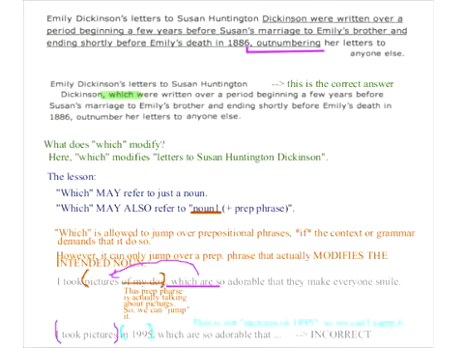So what's going on here is that this is legit because letters to Susan Huntington Dickinson is actually a noun with a prepositional phrase that modifies it. This really is letters to this person, so which is allowed to jump that prepositional phrase and talk about letters.